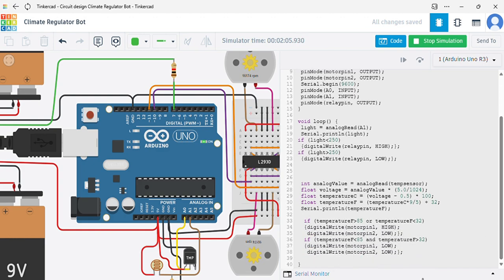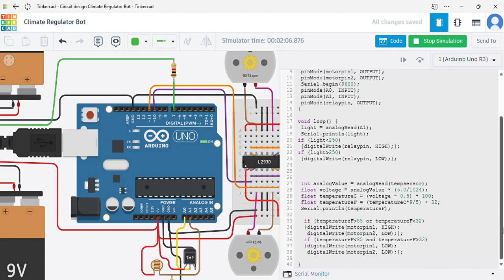Here we have the formula. So you're getting the analog value of the temperature sensor, and then you're converting that analog value to Celsius, and then you're converting this Celsius value to Fahrenheit, and then println temperature Fahrenheit. That's going to give you the temperature reading in the serial monitor.